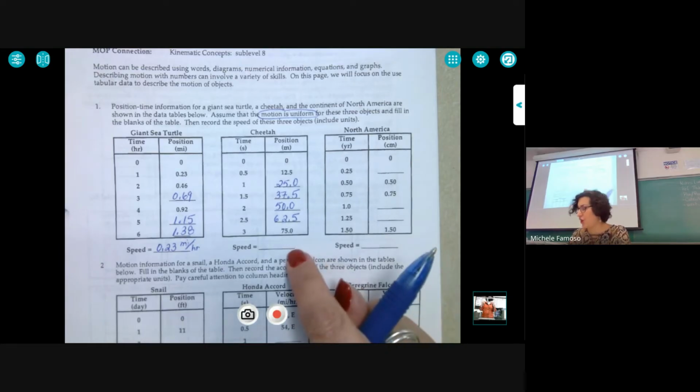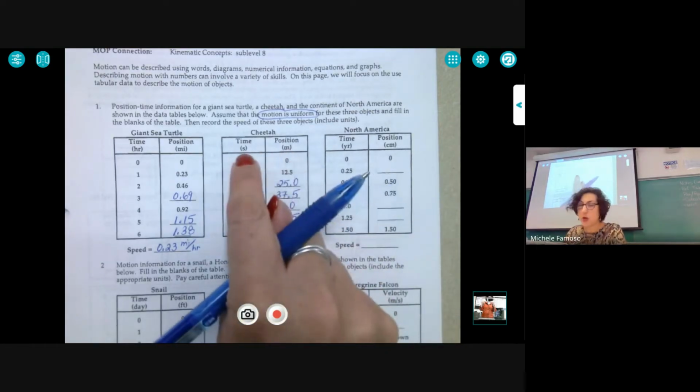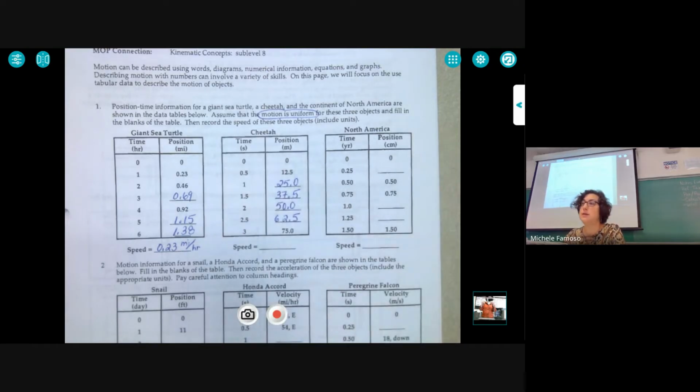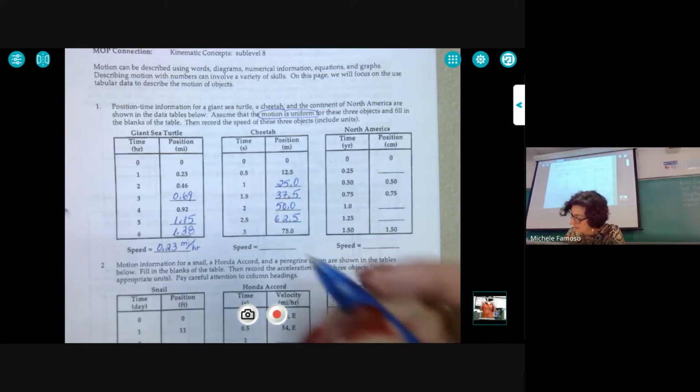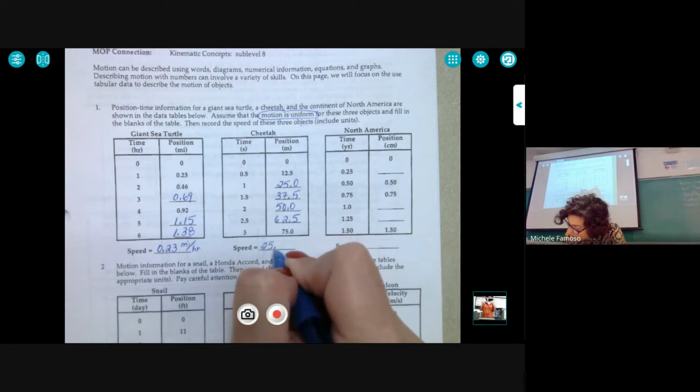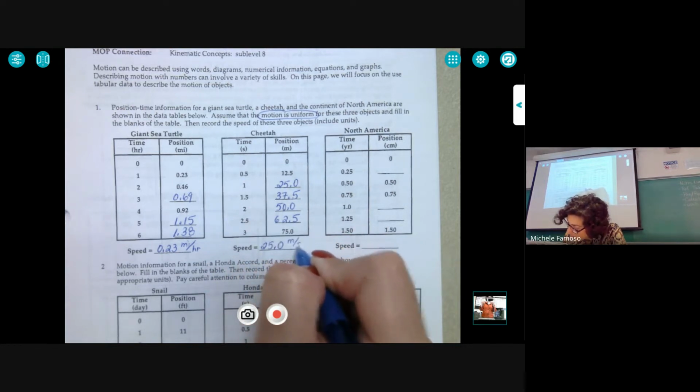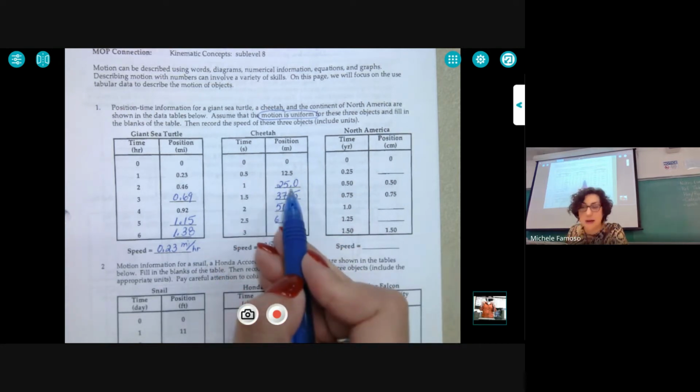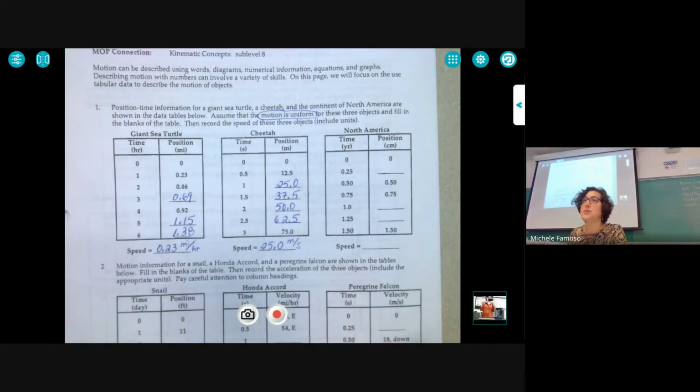What is the cheetah's speed in meters per second? So go to 1 second. Tell me what the speed was. Ashley? Yep, 25.0 meters per second. Because if I go to 1 second, I see it went 25 meters. So 25 over 1. It's the easiest way to do it.